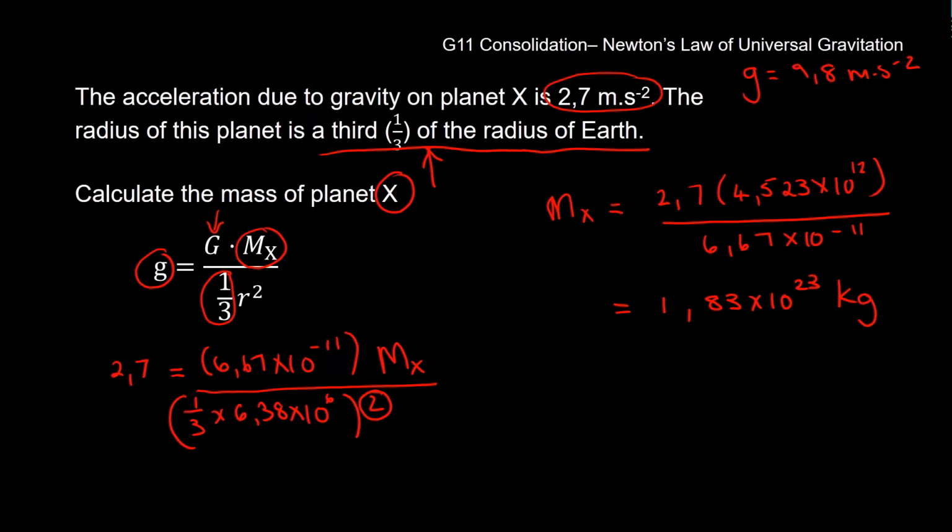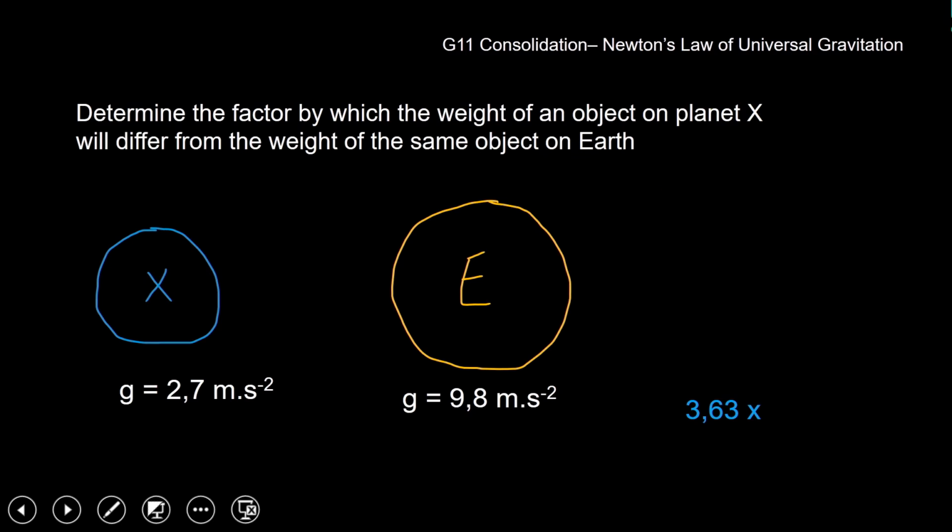The mass of Earth from our data sheet is 5.98 times 10 to the 24 kilograms. Is it smaller? Yes, absolutely, it's smaller. That's the answer that we should be getting. We're happy with that. Okay, the next question.